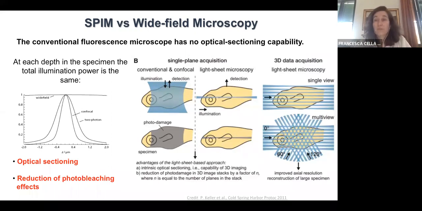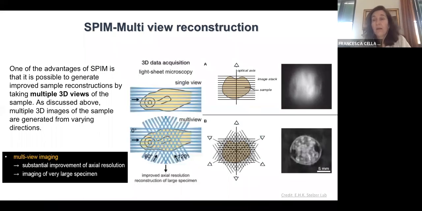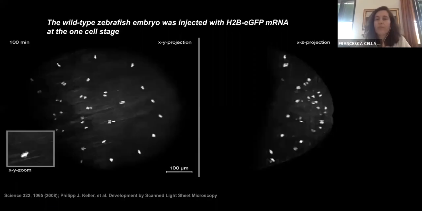When you are imaging from different angles, you can push the resolution and you can gain information and combine it all together. And this brings, like what you can see in this example, an even better resolution, and the axial isotropic resolution that you gain brings a good contrast in the three-dimensional image.